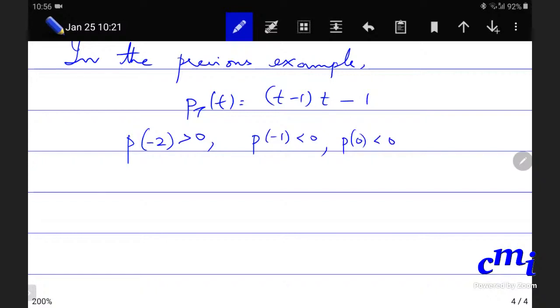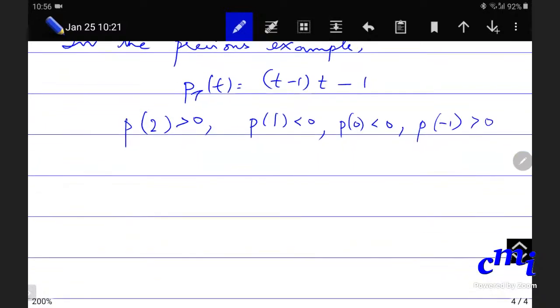Sorry, that is not right, I got it wrong. p of 1 is negative, p of 2 is positive, p of 0 is negative, and p of minus 1 will be minus 2 times minus 1. This is 2, also positive.